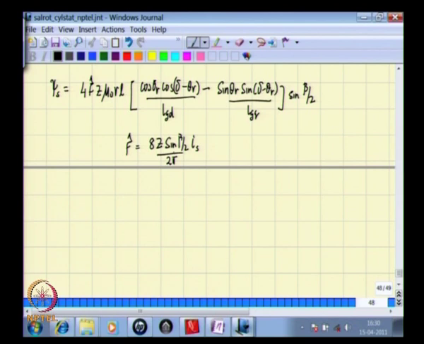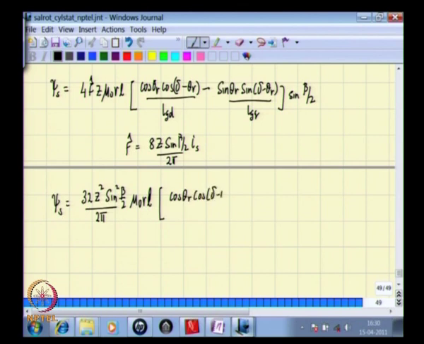So if we substitute this expression for f hat, then what you get is psi s is equal to 32 times z square sin square beta by 2 divided by 2 pi into mu naught r into L, multiplied by cos theta r cos of delta minus theta r by Lgd, minus sin theta r sin of delta minus theta r divided by Lgq, multiplied by Is.